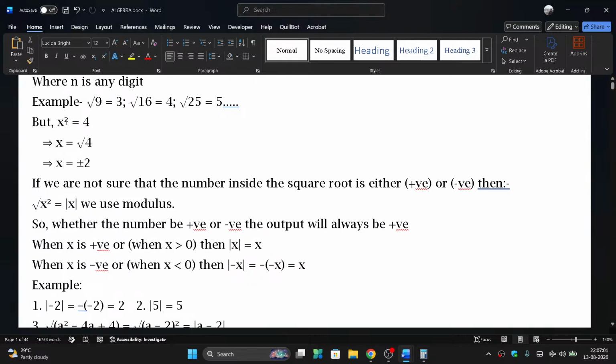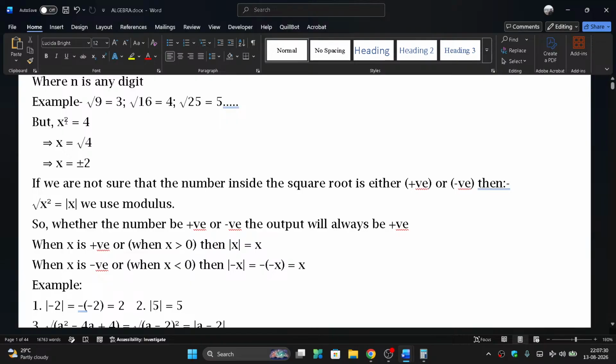Okay, now we have to learn the square root of the square of any number. So x can be any number, its square is 4. We know the square of 2 is 4, but still x can be any number whose square is 4.